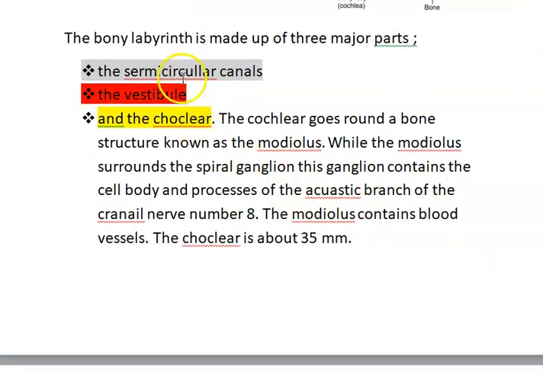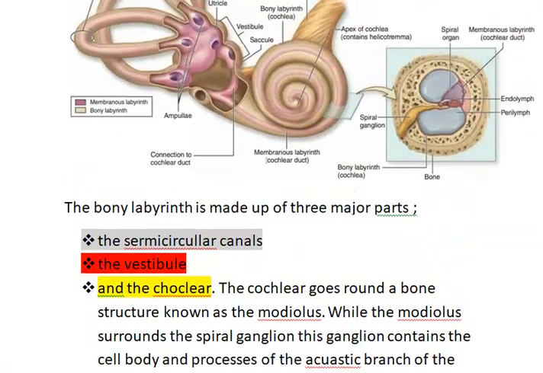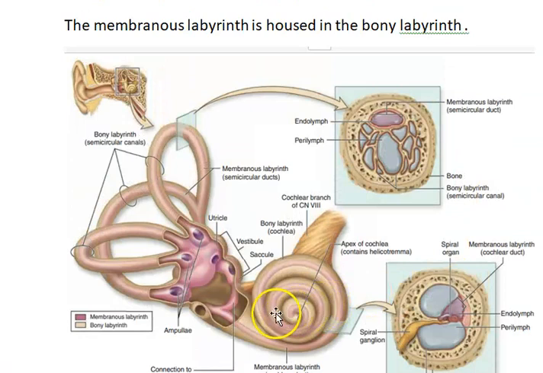Now, this bony labyrinth is made up of three major parts. It is made up of the semicircular canals, the vestibule, and the cochlea. These structures that I'm now telling you are here.